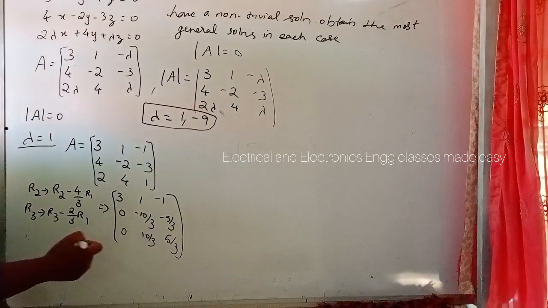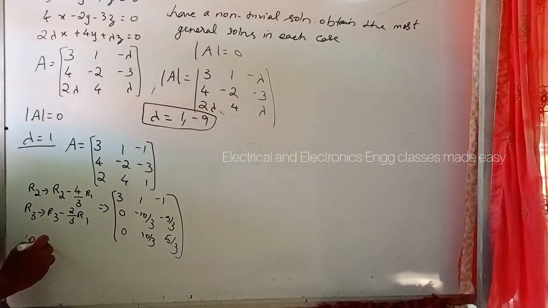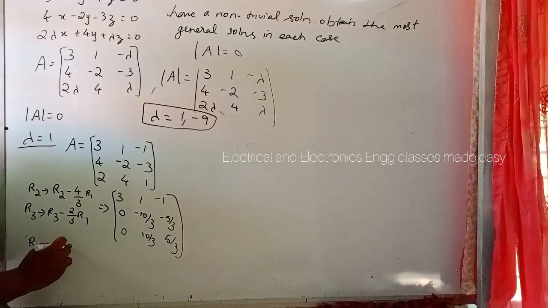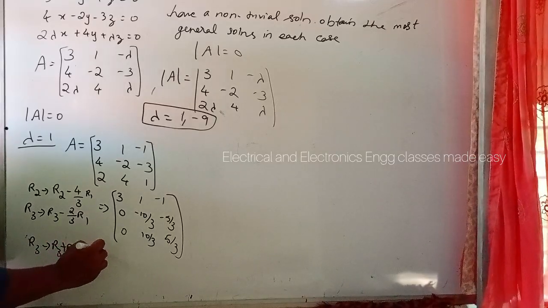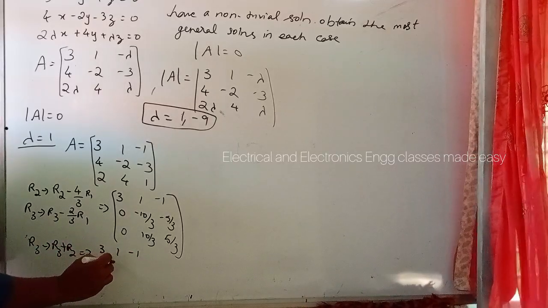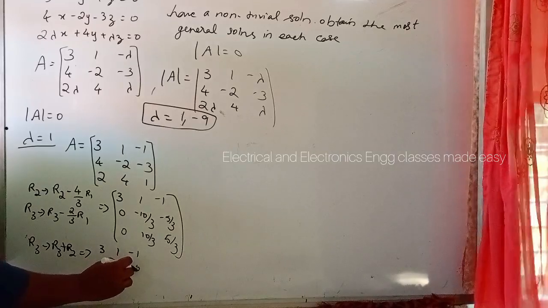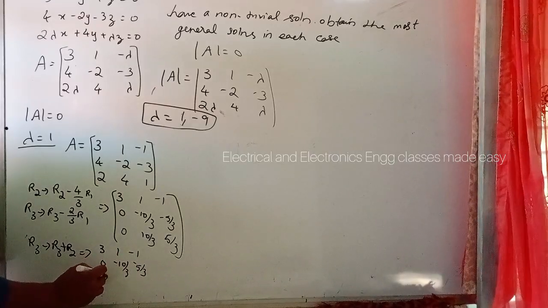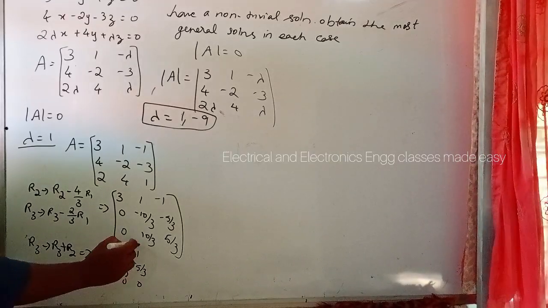Now we can make this element 0, that is R3 implies R3 plus R2. That is 3, 1, minus 1, 0, minus 10 by 3, minus 5 by 3, 0, 0, 0.